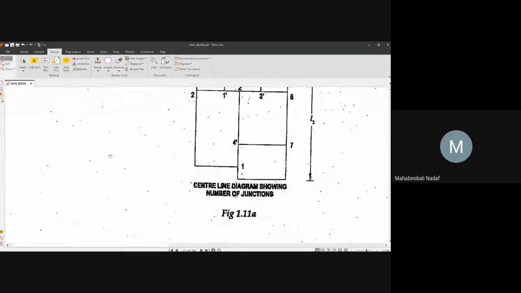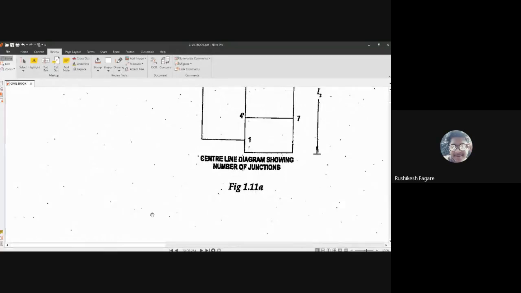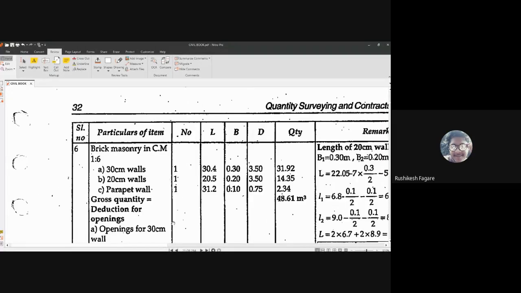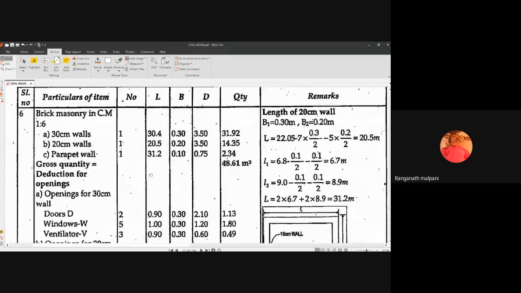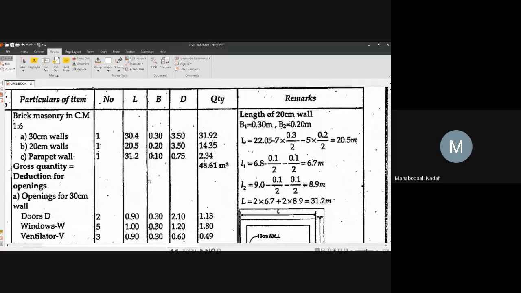Now, first you go for normal, no deductions, normal. Again you are writing 30 centimeter, again you are writing 20 centimeter, again you are writing parapet. Parapet will come at the top.